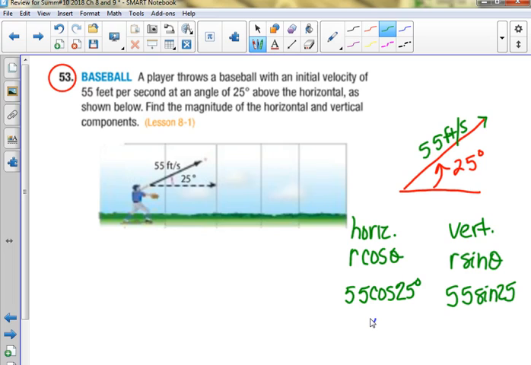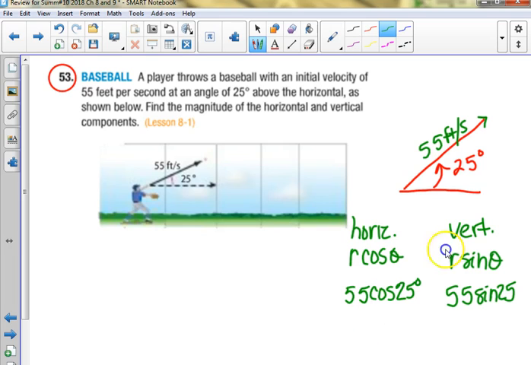Mode is an issue on this quiz. I am in degrees. 55 cosine 25, 55 sine 25.